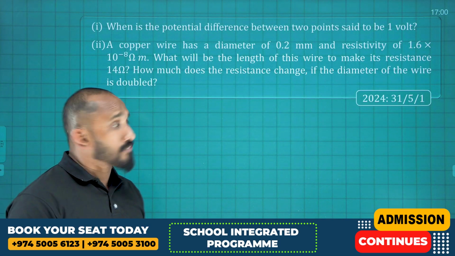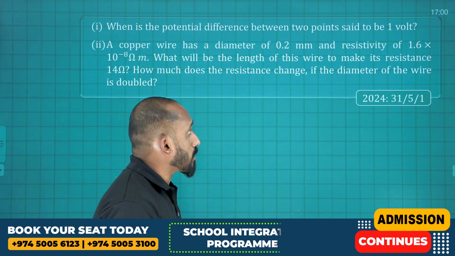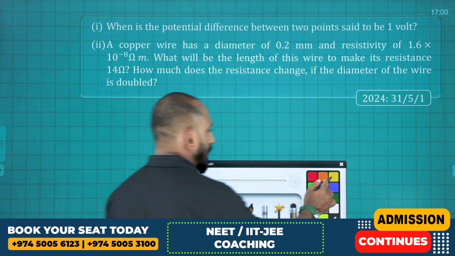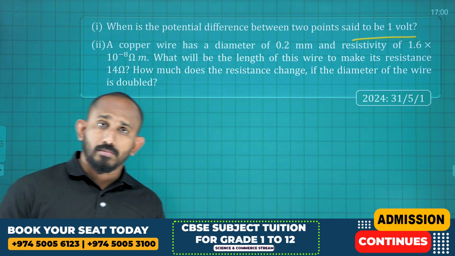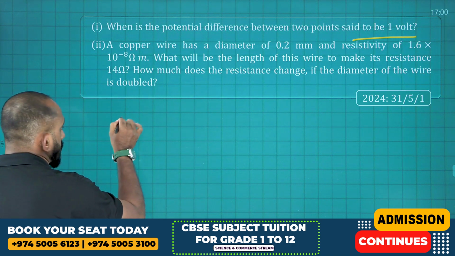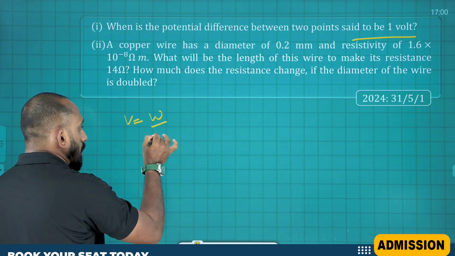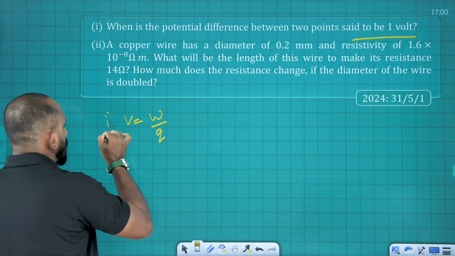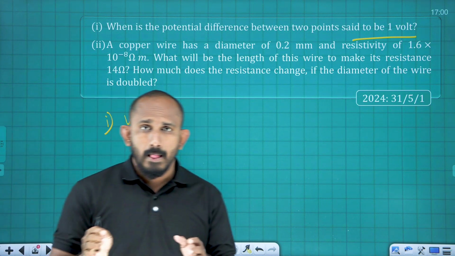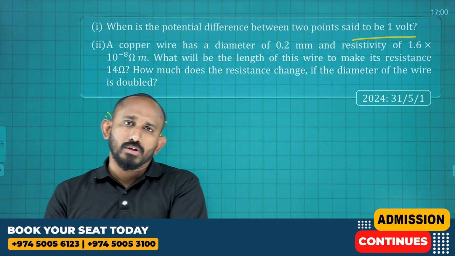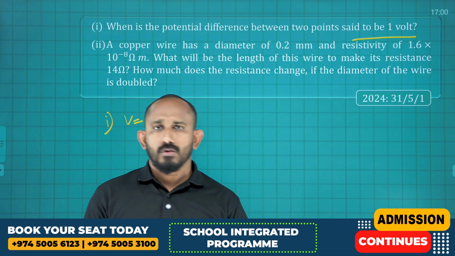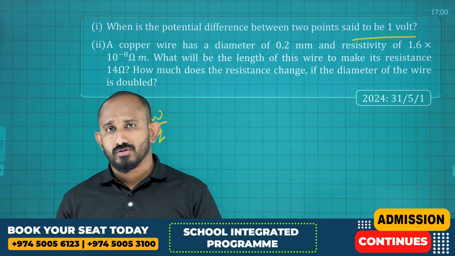When is the potential difference between 2 points said to be 1 volt? So what is 1 volt? Potential difference V is equal to work by charge. The amount of work done in moving a charge from one point to another point of a wire or conductor is called potential difference.